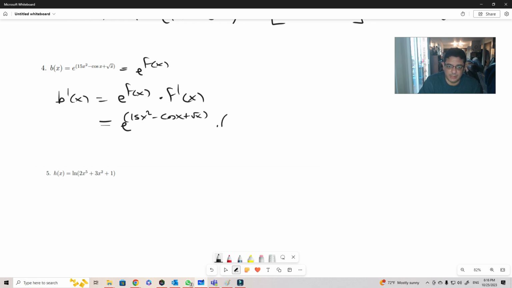And what is f prime? So f prime is 30x minus, and the derivative of cosine is minus sine, so plus sine, and then plus 1 over 2 square root of x. So this will be the derivative in this scenario.